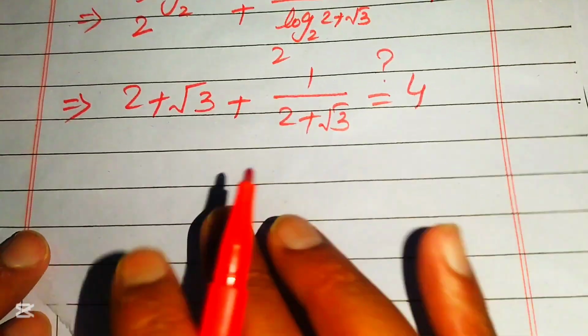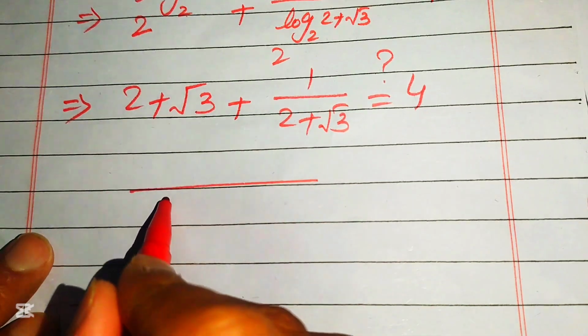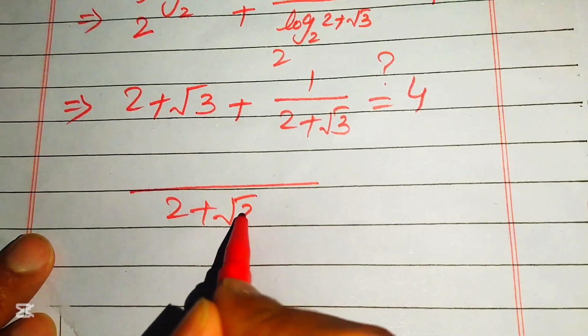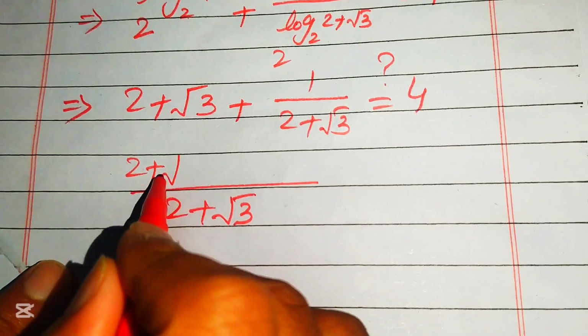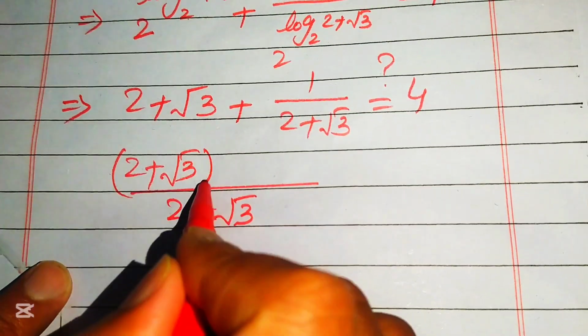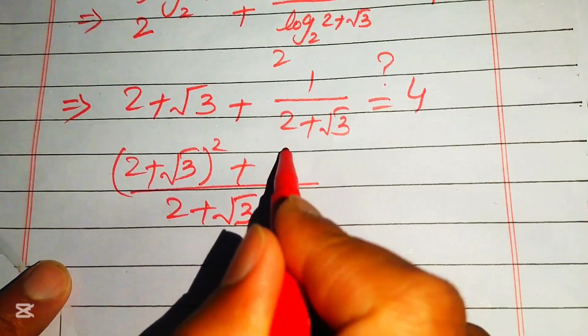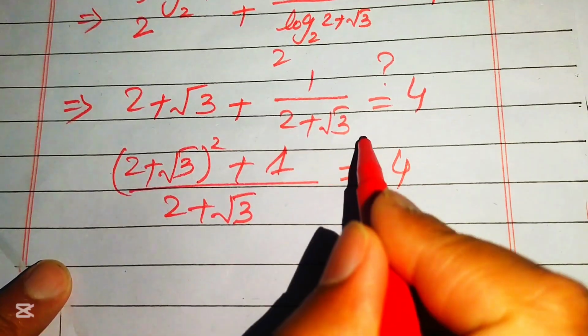Okay, so here we need to take the LCM of these terms. The LCM is 2 plus square root of 3. So when you multiply it here, it will be written as 2 plus square root of 3 whole squared plus 1, divided by 2 plus square root of 3, equals 4 or not.